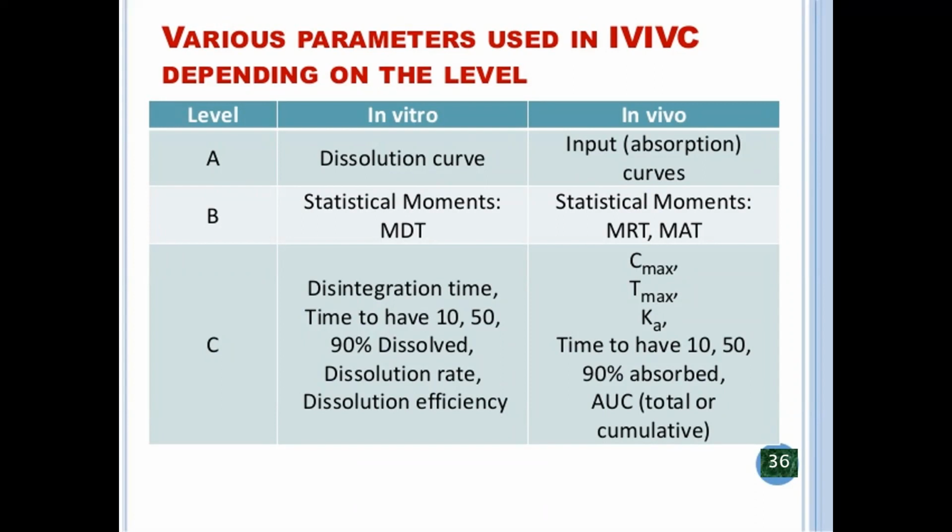Level B: in vitro statistical moment, that is MDT; in vivo statistical moment, MRT, MAT. Level C: disintegration time, time to have 10, 50, 90% dissolution, dissolution efficiency; in vivo Cmax, Tmax, Ka, time to have 10, 50, 90% absorbed, AUC total or cumulative.